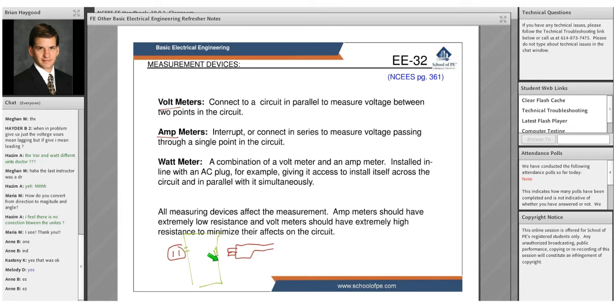Inside that box, I'm going to interrupt one of these lines and install an ammeter. And then I'm going to go across from one line to another and hook a voltmeter. I'll take the reading from each of those, multiply them together, and put a display and call it a kilowatt.